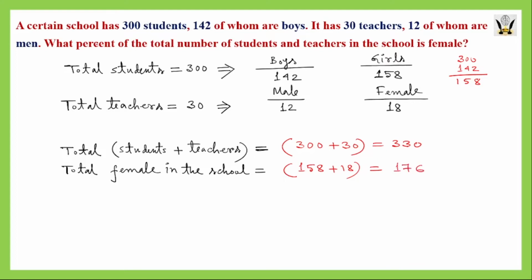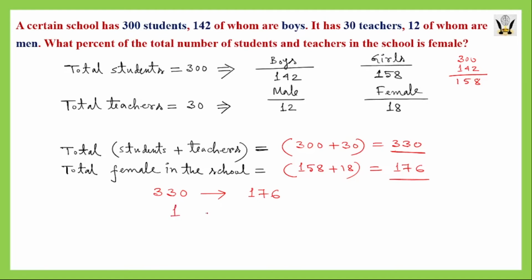And what is the requirement? It is what percentage of the total number of students and teachers in the school is female. So out of the total number of students and teachers, and that count is 330, how much percentage is female, including teachers and students? So total count is 330, and total female count in that school is 176. We have to calculate this way: out of 330 teachers and students, the total female head count is 176, and that value we have to find in percentage. Percentage means per 100 how many.